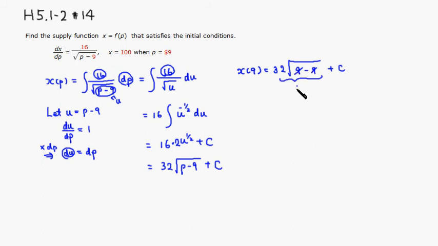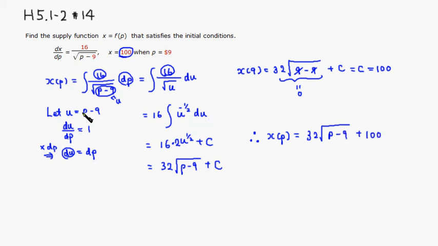So this term is 0, which means that x of 9 is simply c, which is supposed to be 100. Therefore, we have a complete formula for x. So x of p is equal to 32 square root of p minus 9 plus c, which is 100.